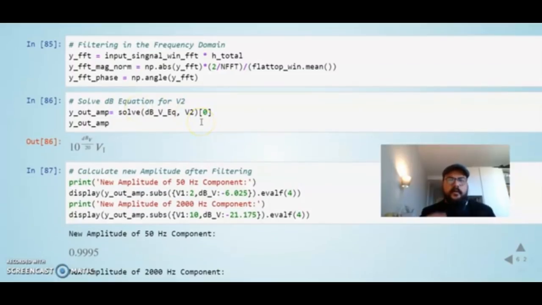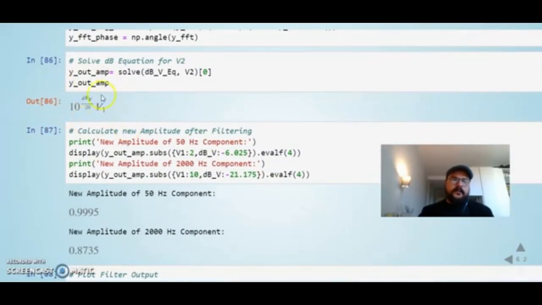Now we will compare the signals before filtering and after filtering. Our reference voltage now would be the one before filtering, and we want to find out what the new voltage amplitude will be with filtering. So we solve for V2 and we get this equation.